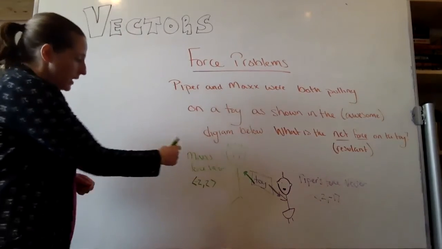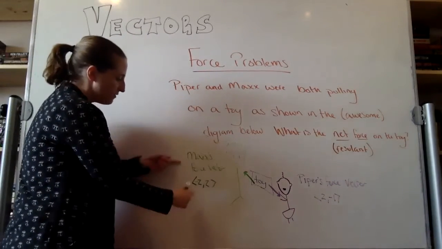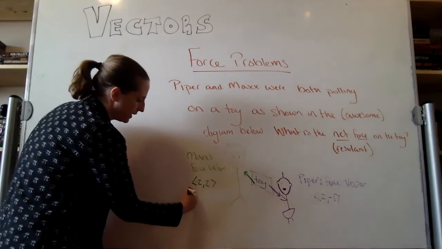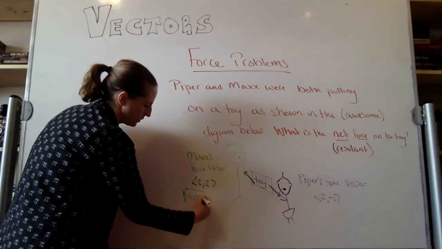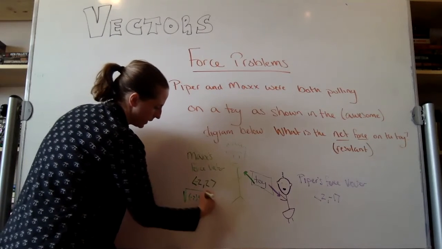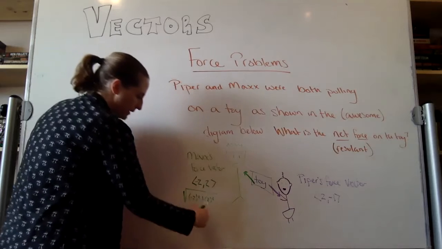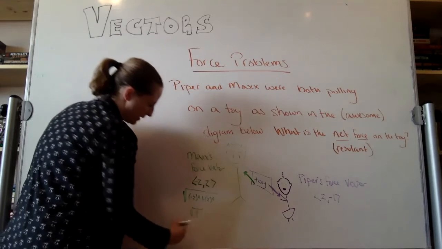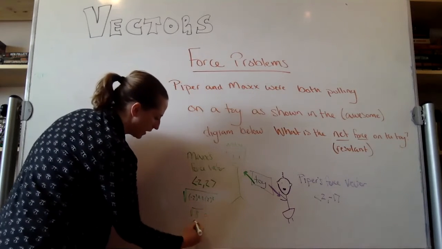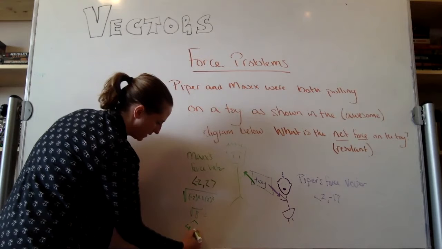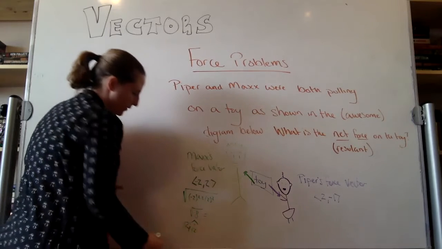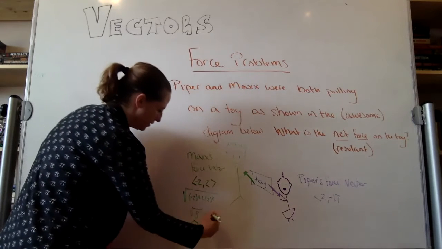The magnitude of Max's force, I would calculate as the square root of -2 squared plus 2 squared. So that's 4 plus 4, so this would be the square root of 8, which, if I want to be good about it, I should remember that 8 is 4 times 2. So the square root of 8 is the square root of 4 times the square root of 2.